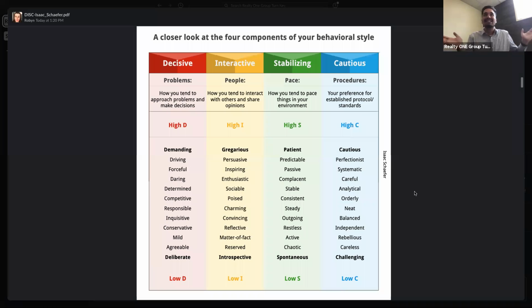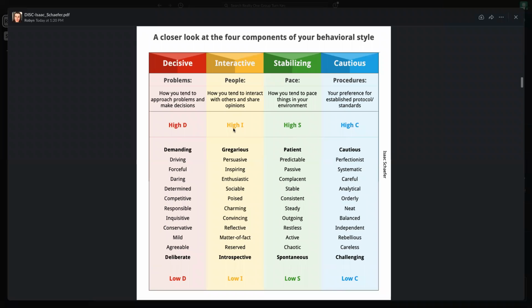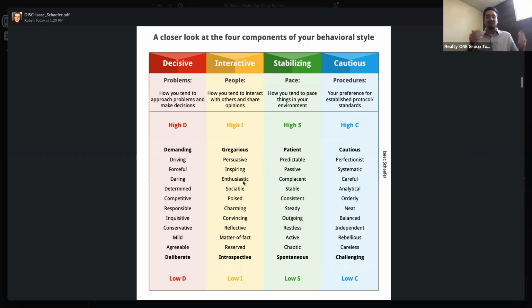I think it's because I am a high I and I'm a people pleaser by nature. Gregarious, that's something my mom calls me. It actually makes sense that an I would try and come up with the answers that they think other people want.